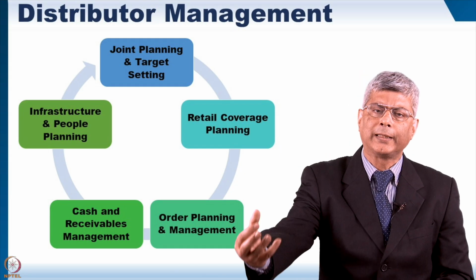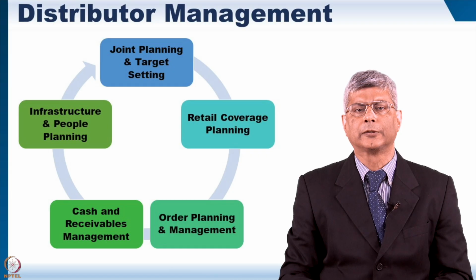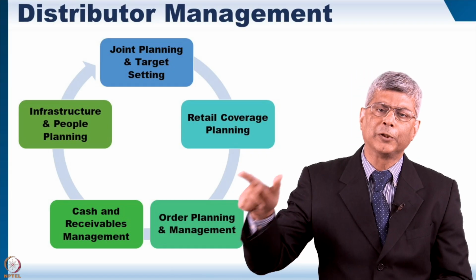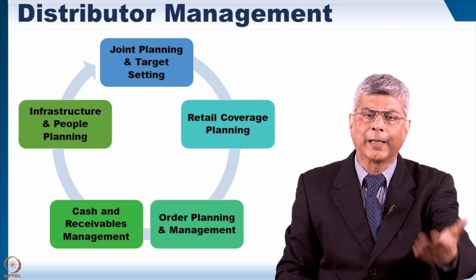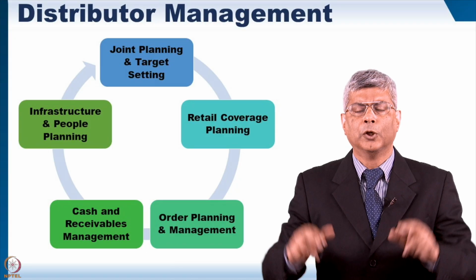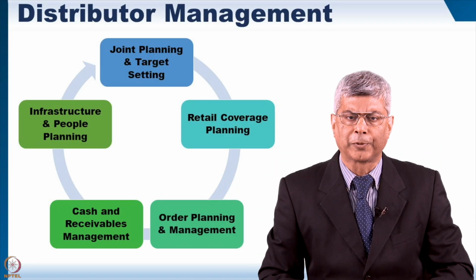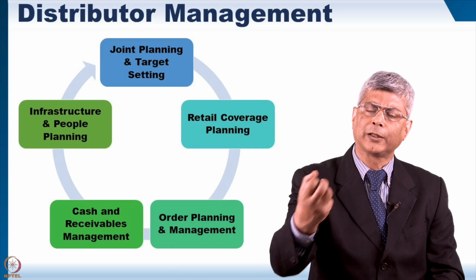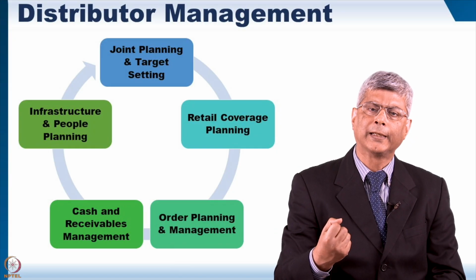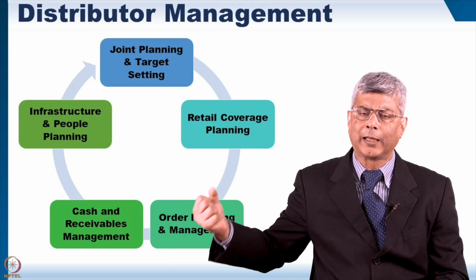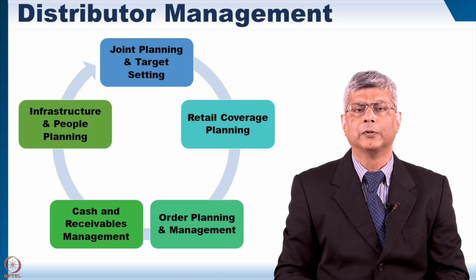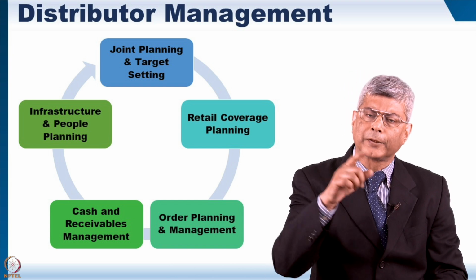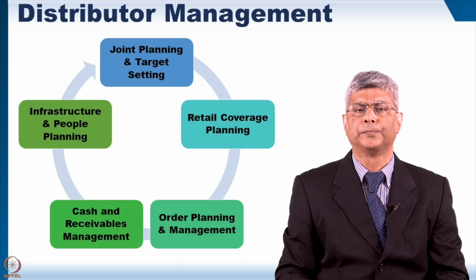Distributors are also collecting orders from the retailers and placing them on the manufacturers. So he receives goods from the manufacturer and then he supplies them to the retailer. So in all of this, there is an order management process. Distributors have to collect orders from retailers and give them to the manufacturer. He has to collect goods from the manufacturer and give them to the retailer. So that's called order management.